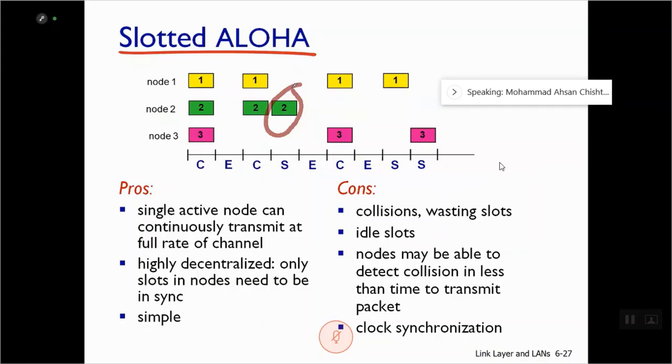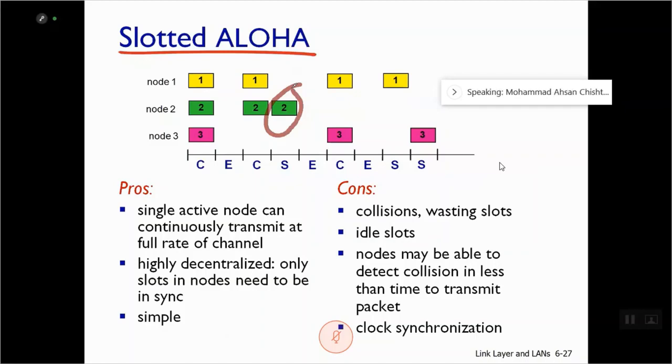So in case of TDM, it used to be R by 3 here. But in this case, it would be R, even though there are 3 nodes that are transmitting. So the good thing is that you will get to transmit at the full rate of the channel.